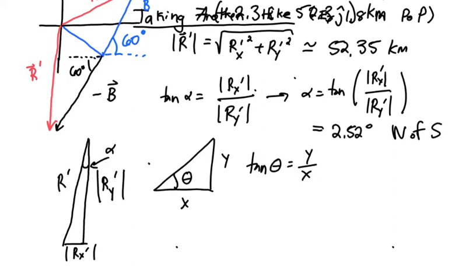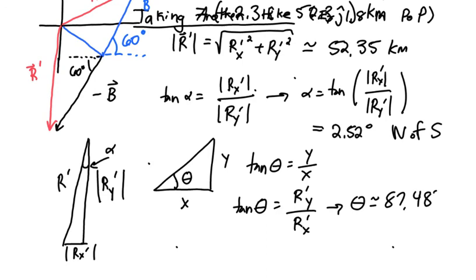In fact, if you had done this problem incorrectly and put r y over r x prime, you would have found that theta is something like 87.48 degrees. You'll notice that this and this add up to 90 degrees. That's because you're not finding the angle in this little area right here. The angle you're finding is from here to there. That just comes from exchanging the roles of the x and y components.